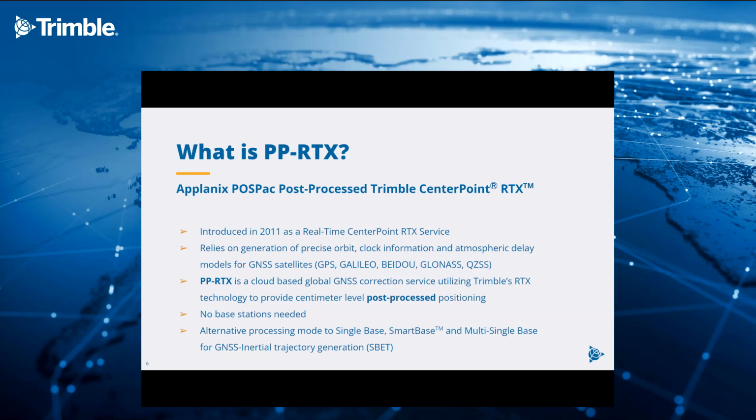PP-RTX is a cloud-based global GNSS correction service utilizing Trimble's RTX technology to provide centimeter-level post-processing positioning. So if we say PP-RTX, we always speak about post-processed PP-RTX and not real-time RTX.